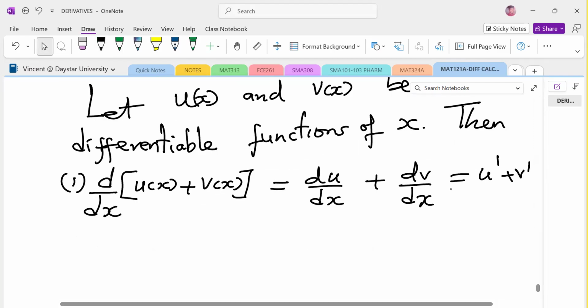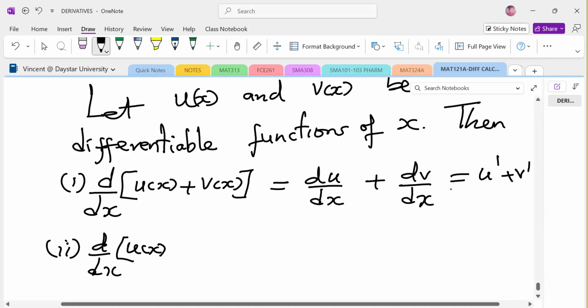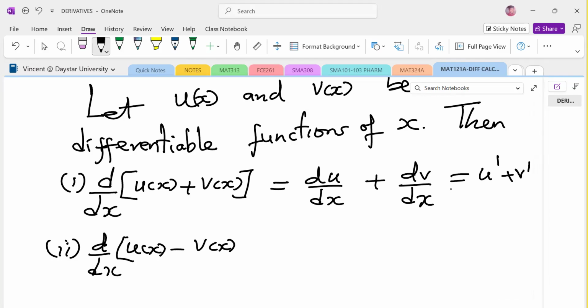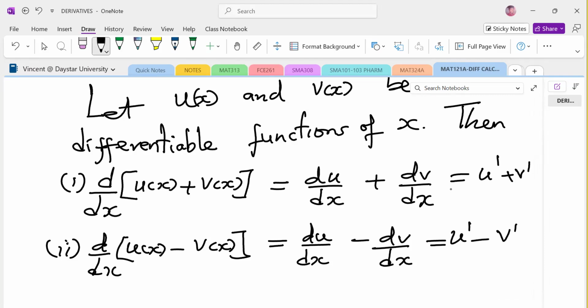And then d dx of u of x minus v of x is du dx minus dv dx, which is u prime minus v prime.